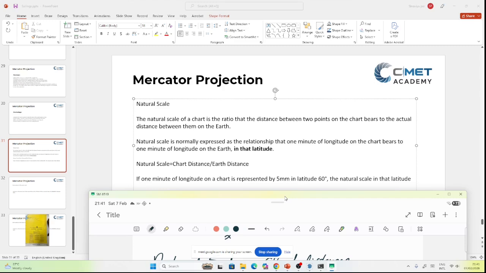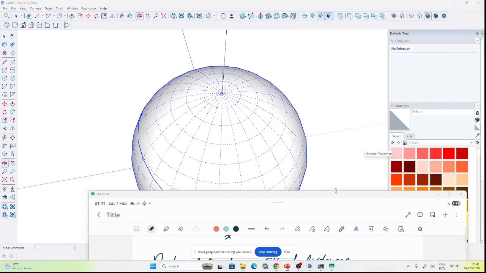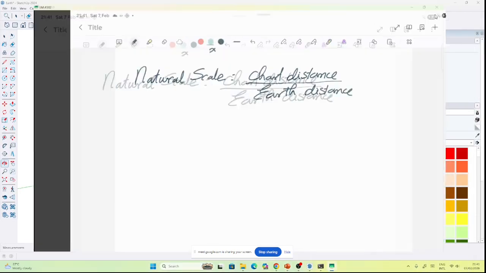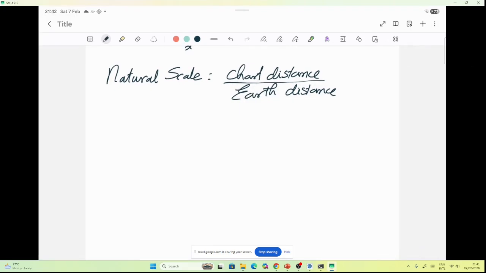Let me write down the question first. If 1 minute of longitude in a Mercator chart is equal to 5 millimeter at latitude 60 degrees, what is the natural scale?